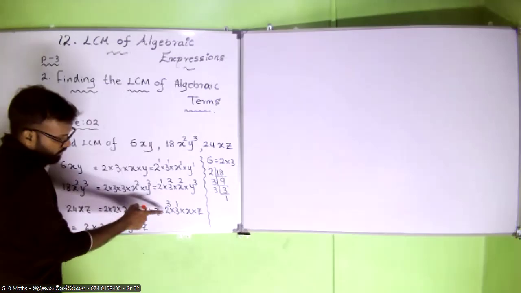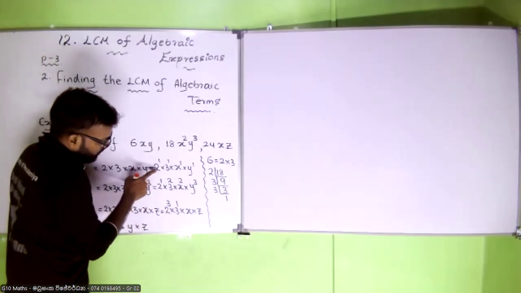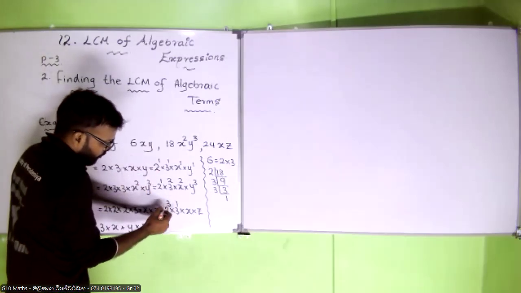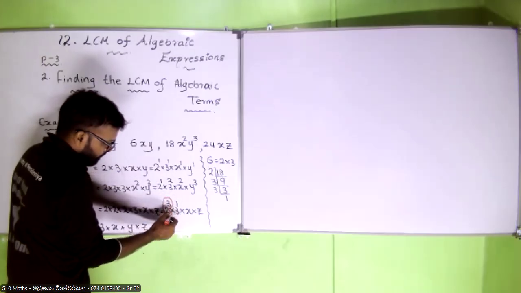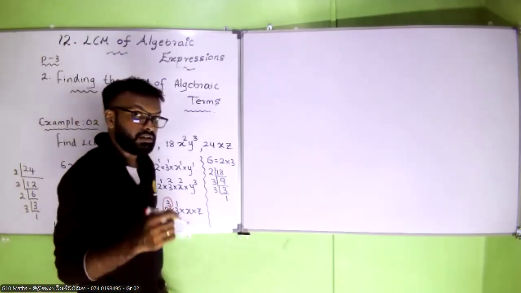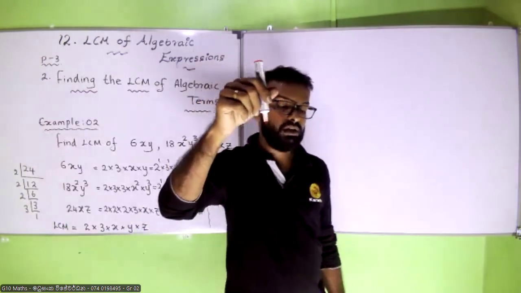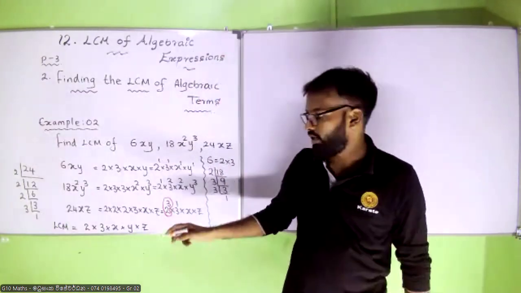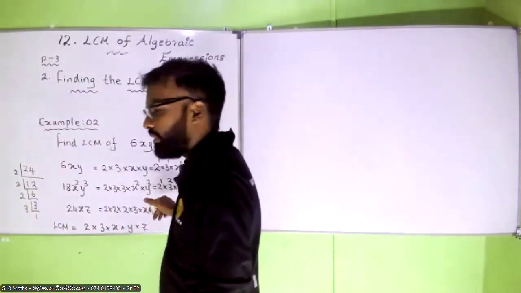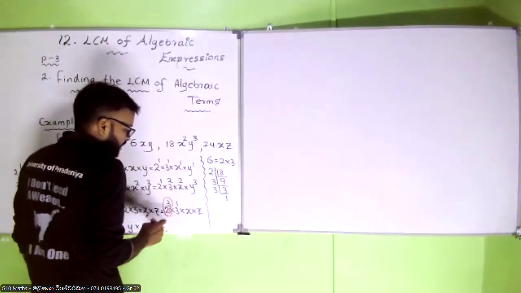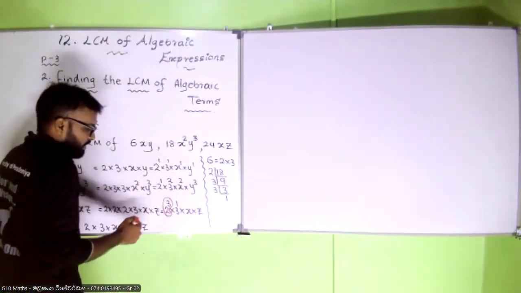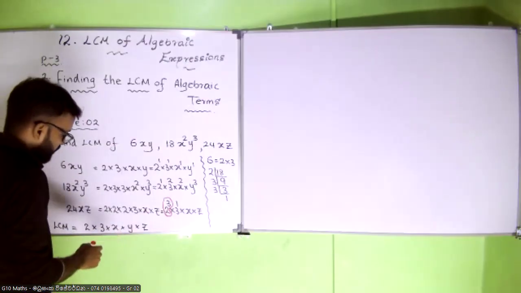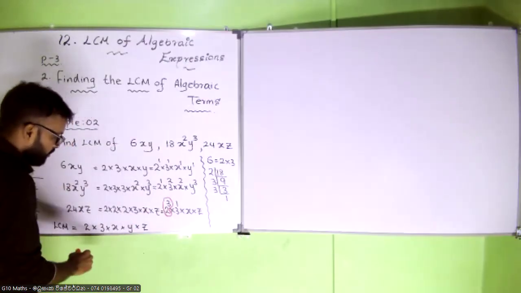Here, when you consider the 2, the maximum power is this. If you are tabulating, you might better take your pencil and highlight them. So that is 2 to the power 3.